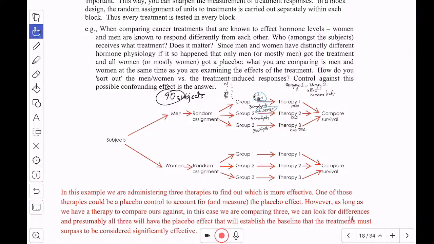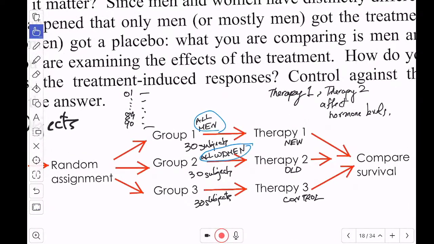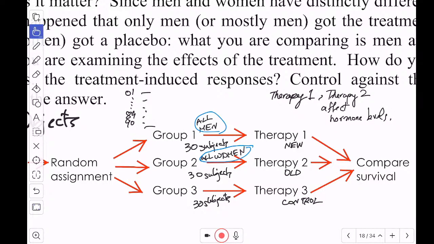I avoid the confounding possibility where mostly men are in one and mostly women in the other group. Because I've made the variation among the groups as similar as possible, I don't have to add any more subjects. If I was faced with the other situation after setting up the study, I would have to postpone the study until I had more subjects.